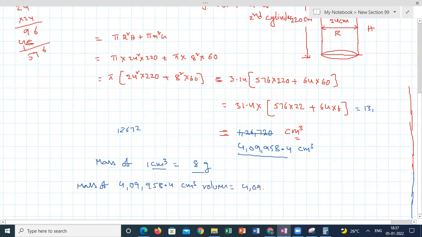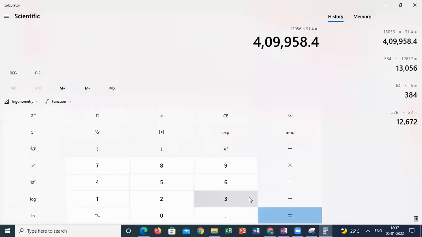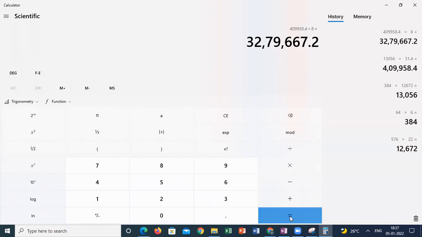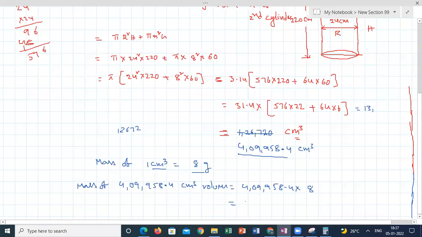So volume into mass of each centimeter cube. Multiplying 4,09,958 into 8, so 32 lakhs 79,677.2 grams, which is equal to 3,279.67 kg approximately.